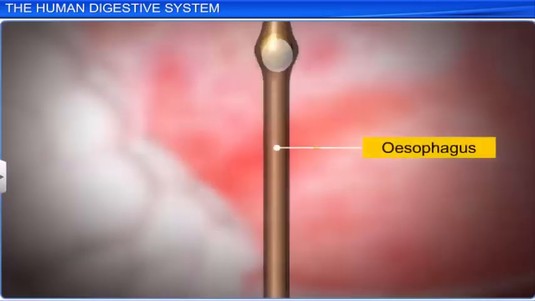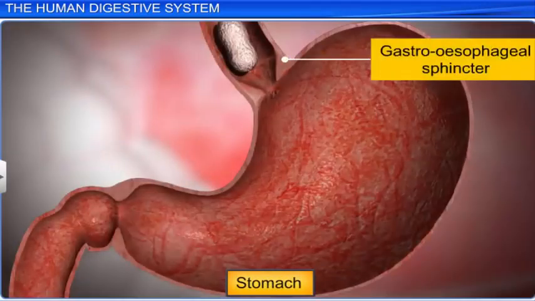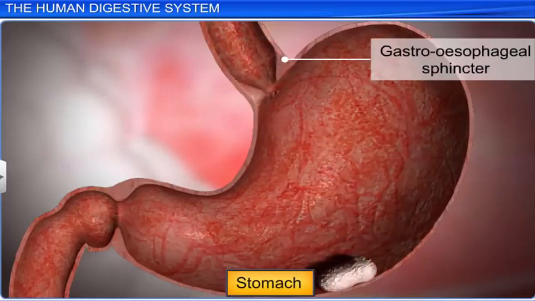The esophagus conducts the food from the pharynx to the stomach. At the end of the esophagus lies the gastroesophageal sphincter, a one-way valve that allows food to enter the stomach but prevents it from regurgitating.